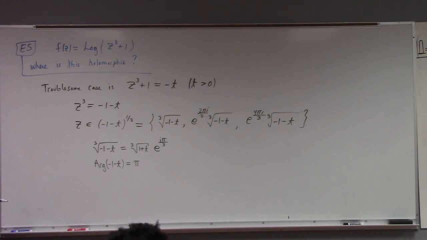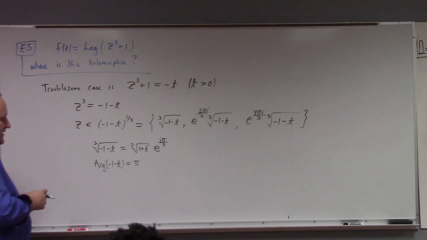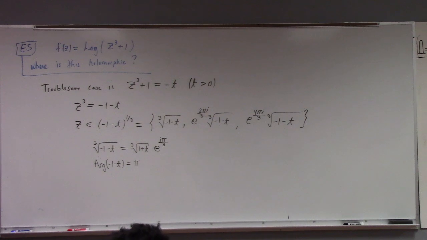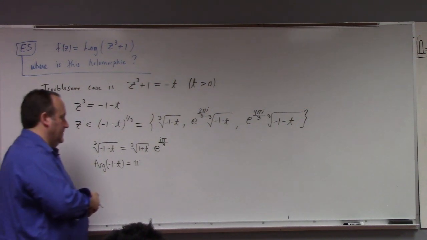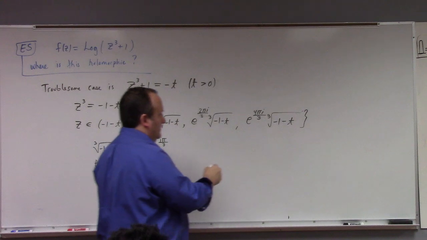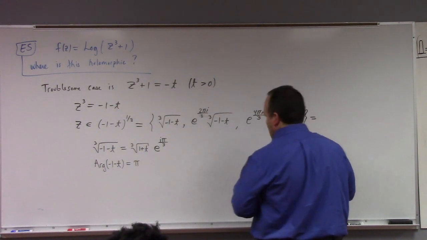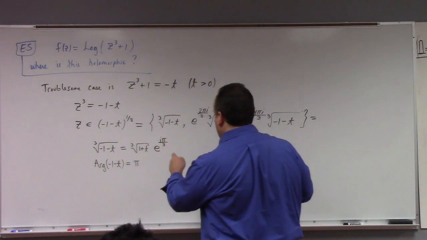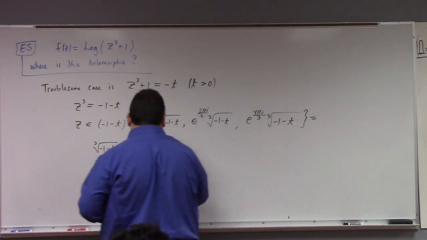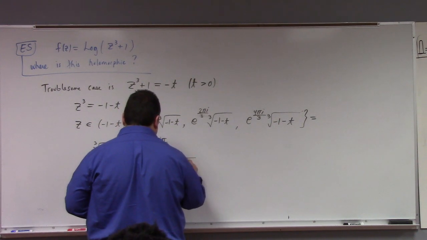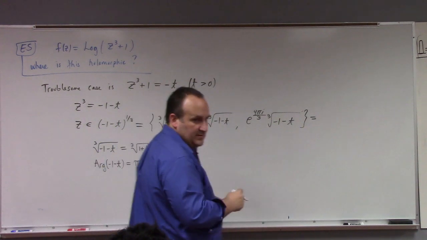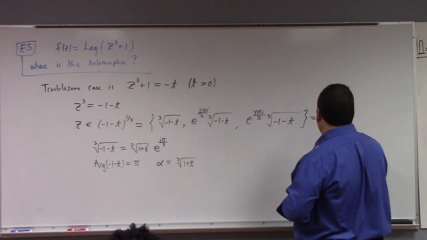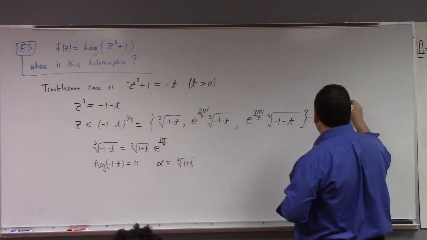Where do those come from? Well, those come from anything of this form, right? And so we've got this one. Just for the sake of writing this more easily, I'm going to say alpha equals the cube root of 1 plus t. So what we've got is alpha e to the pi i over 3.